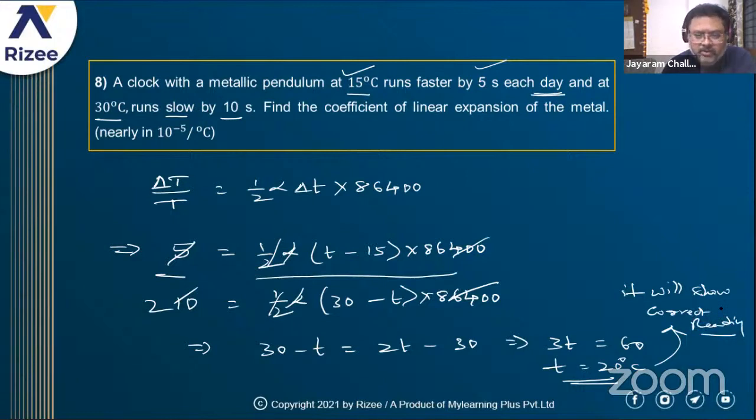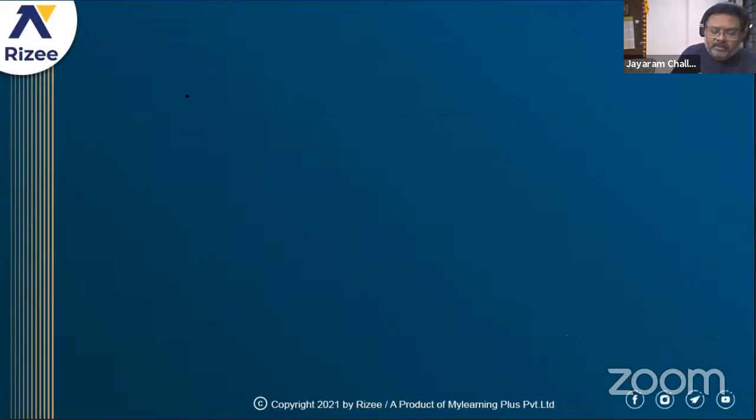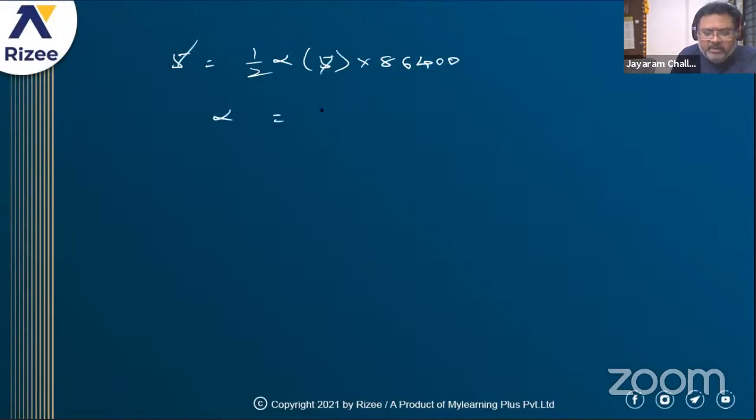Fine. So now substituting this value of the temperature in any one of the equations, 5 is equal to half alpha into change in temperature, which is 5, into 86,400 seconds. So now we can solve this. Alpha can be written as 2 by 86,400, or 1 by 43,200.